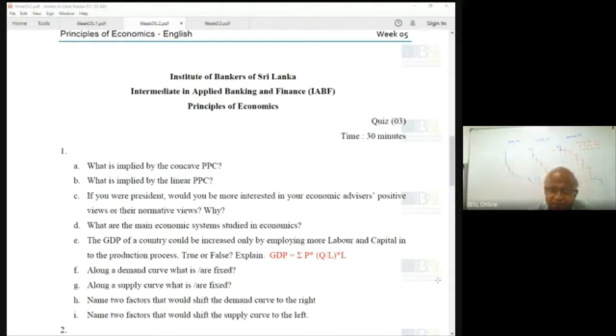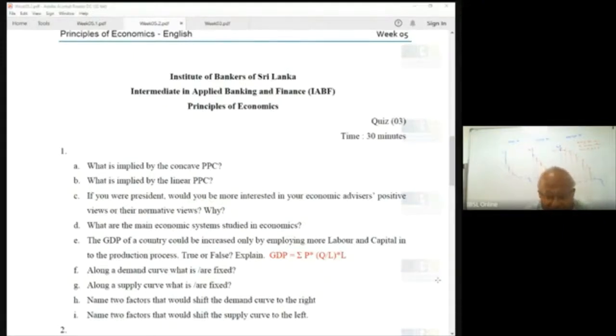If there are 10 workers, earlier they were producing 3 shirts per day per person, that means 30 shirts. If you make all of them produce 5 shirts per day, then 30 goes to 50.